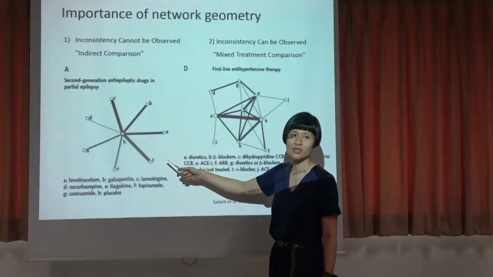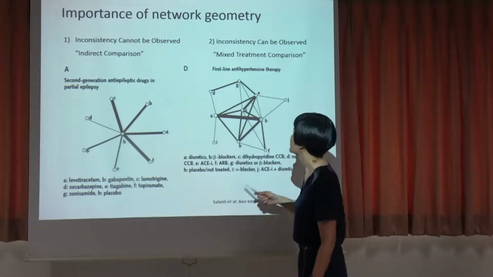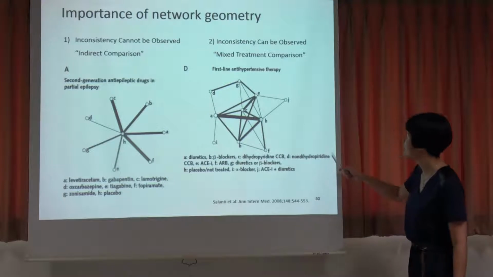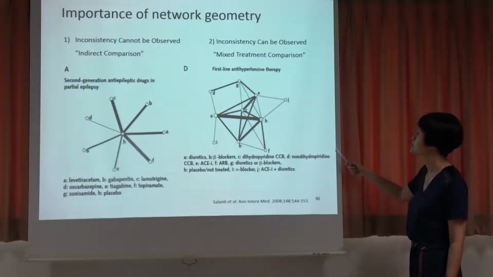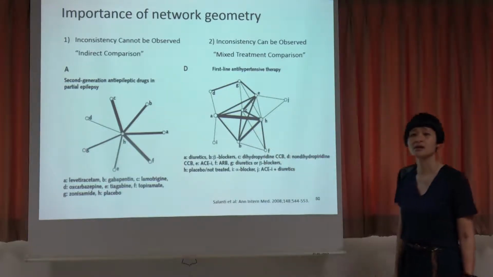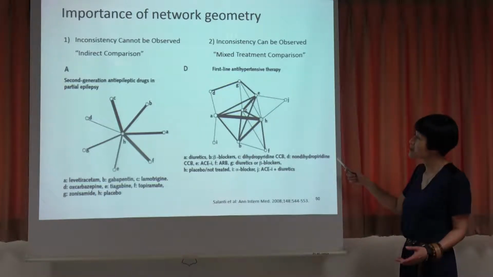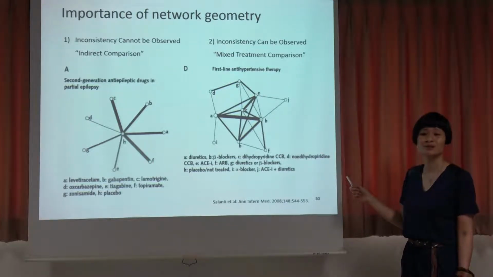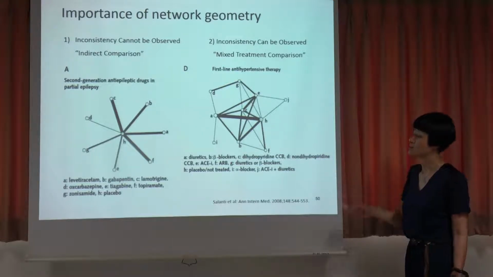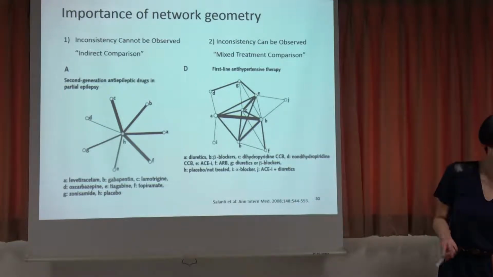This is a star-shaped network, and remember, you're comparing direct with indirect evidence. But for a network like this, for antihypertensive therapy, there are potentially lots of loops within the network, so you can then test for consistency. So again, these are the limitations. It really depends on the shape of your network, and the shape of the network depends on the data that you have. So you can't really control it.